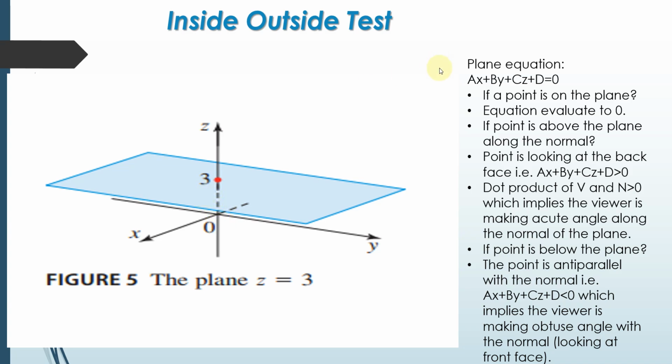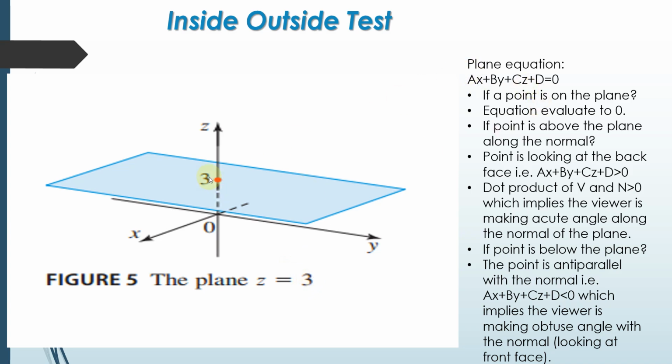So how do we understand by this equation whether any point is on this plane, or is above or below this plane? Suppose the point 0, 0, 3 is on this plane, because we can see the red dot is on the plane. So this point must satisfy this equation, that is, it must produce z minus 3 equal to 0.